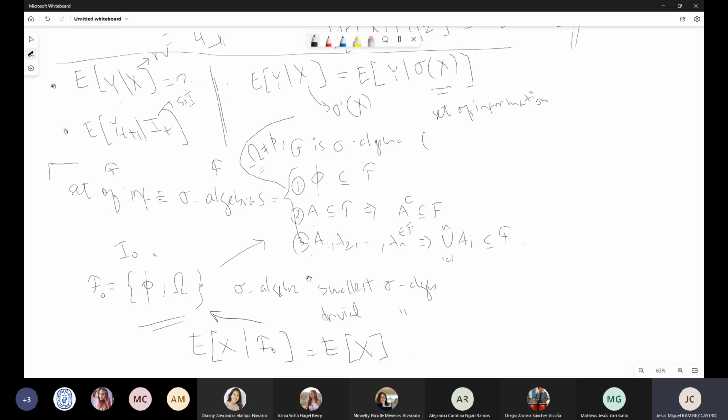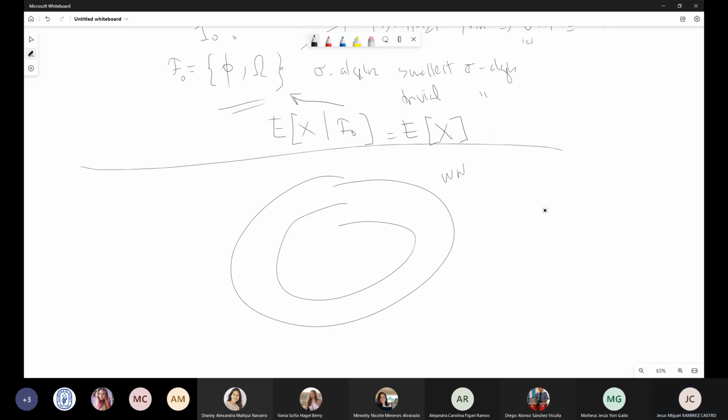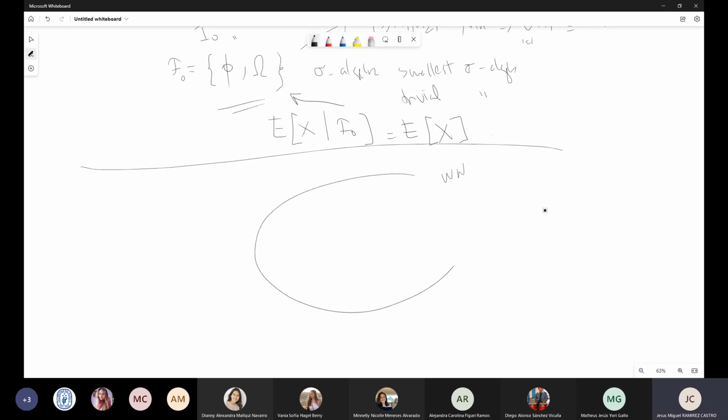Vamos a tener 3 definiciones de white noise: el white noise, el IID white noise y el Gaussian white noise.